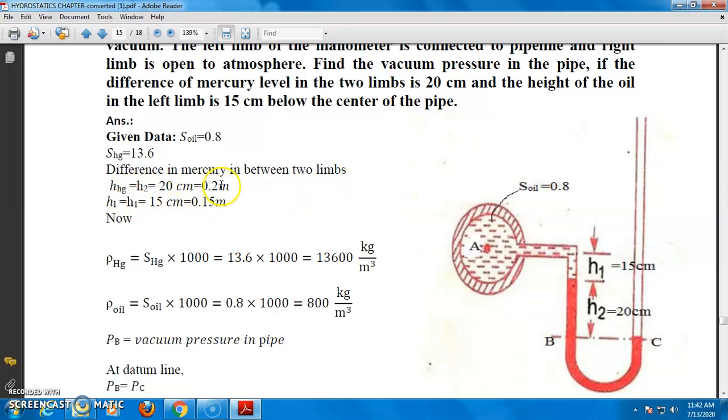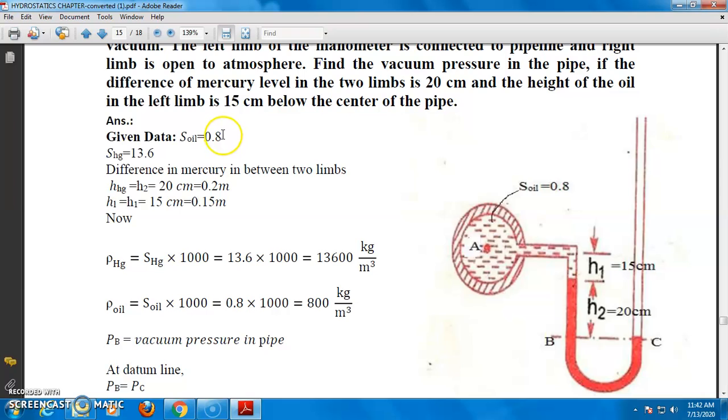If you convert centimeter to meter in SI unit, you divide by 100, then it will come to 0.2 meter. Like that, H1 is given 15 centimeter, converted into meter that will come to 0.15 meter.